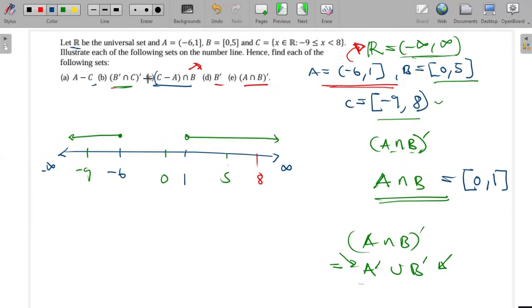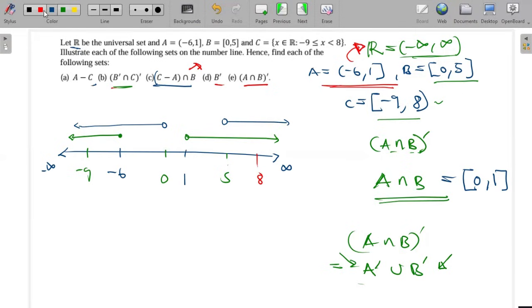My B complement is going to be open at 0, going that way. And then it's going to be open at 5, going that way. So now what does union say? Union says bring everything together into one set.